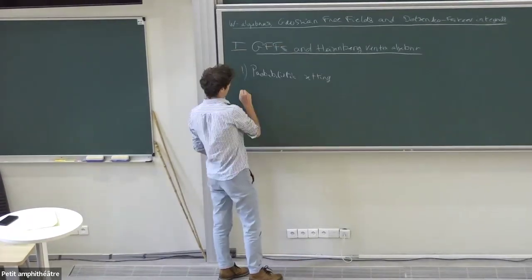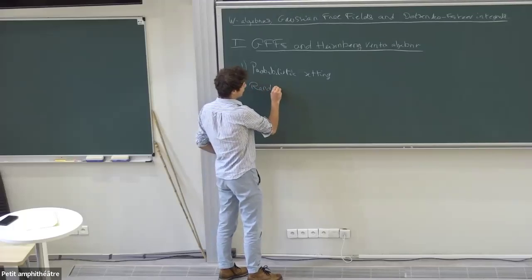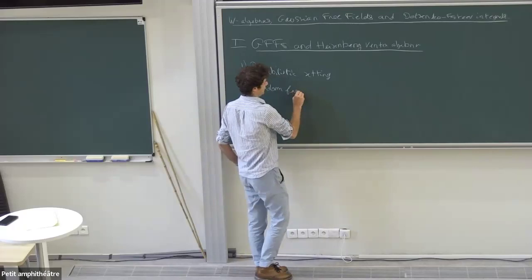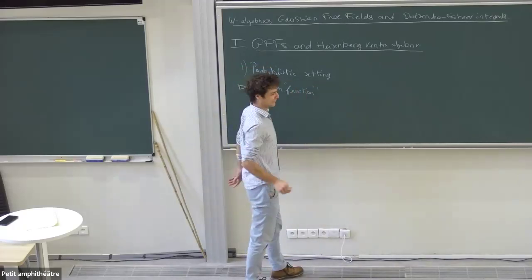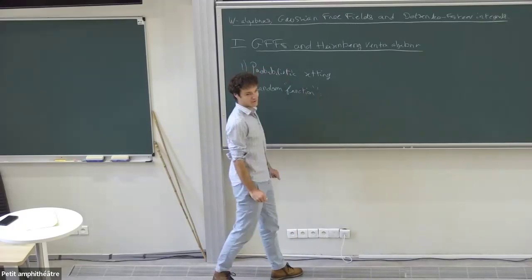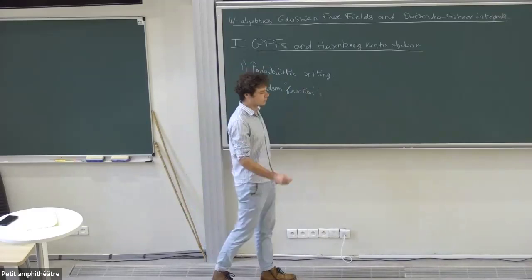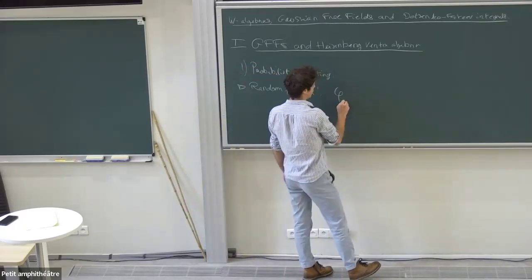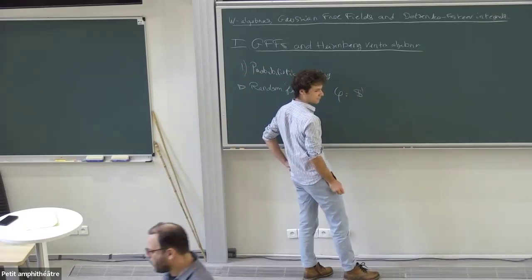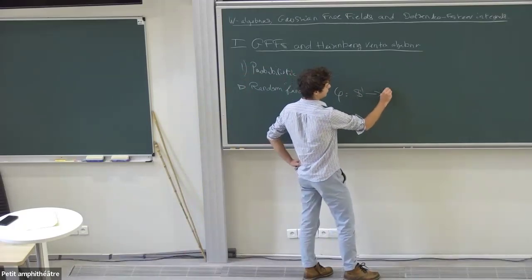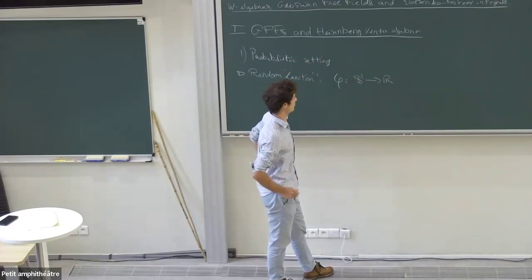So what is the Gaussian free field? The Gaussian free field is somehow a random function. It's not really a function, as we see it. So the first question is, how do you define a random function? Say you want to define a random function which takes values on a circle, S1, and has values in a real one-dimensional Euclidean space.